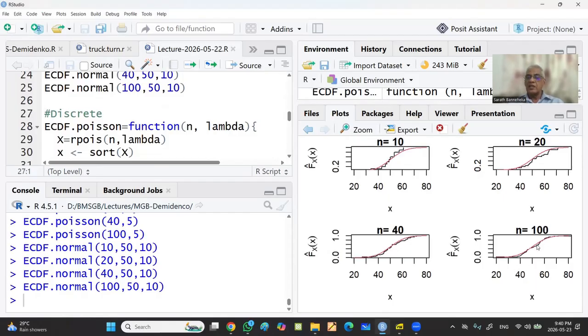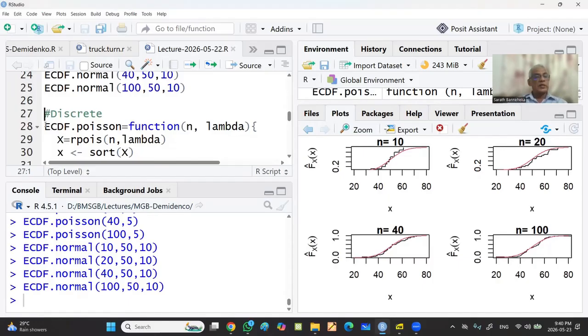So you can see that the variability is decreasing, and the expected value is going to be equal to the theoretical one. That means some of the values are above, some of the values are below, and therefore the expected value will be equal to the theoretical value. So that is the situation where the data are coming from a normal distribution, the continuous case.